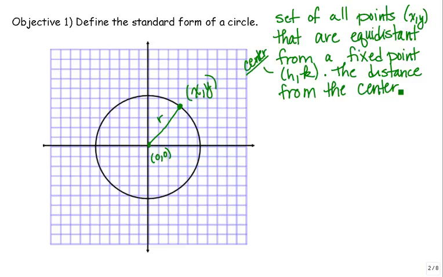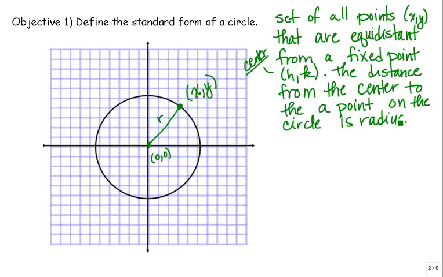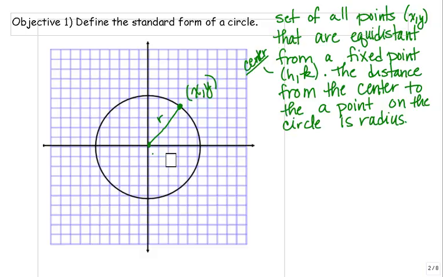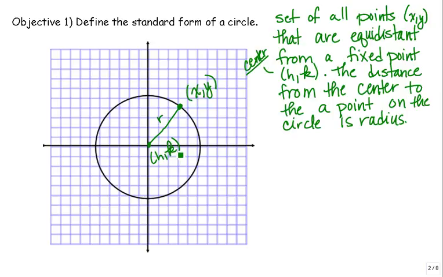So the distance from the center to the point on the circle. Now, I've drawn a circle here with the center of 0, 0, but let's, for the purpose of this, just think of it as h, k for the time being, and then we'll talk about what happens if it is 0, 0. So do you remember the distance formula that you learned?